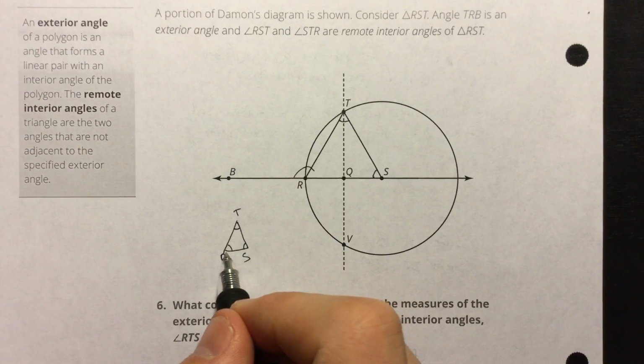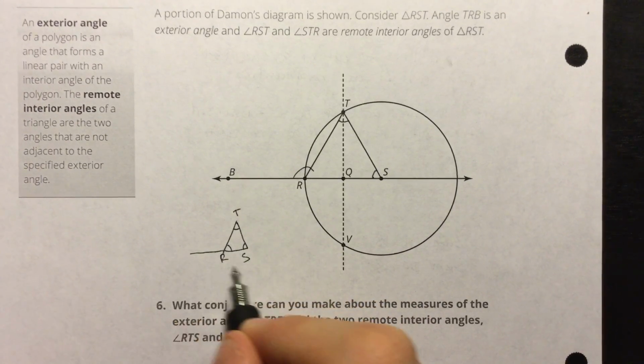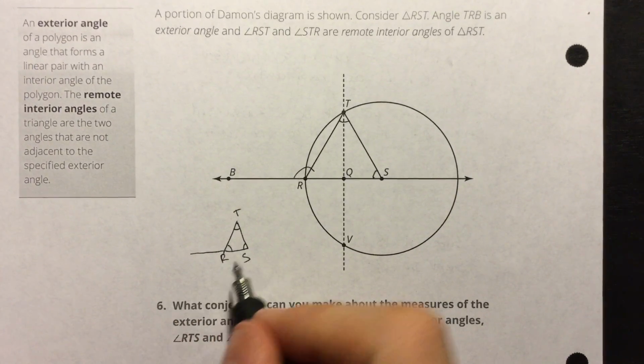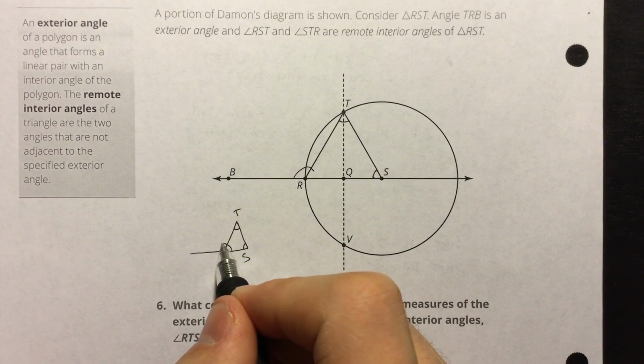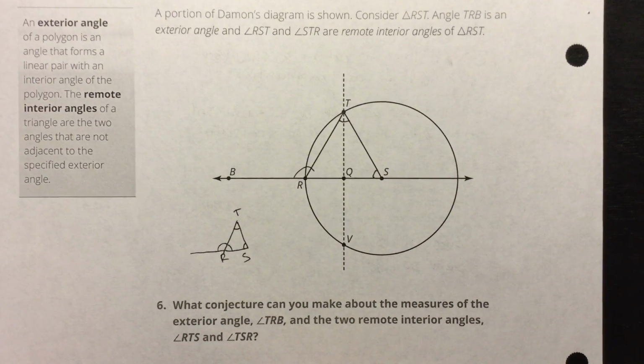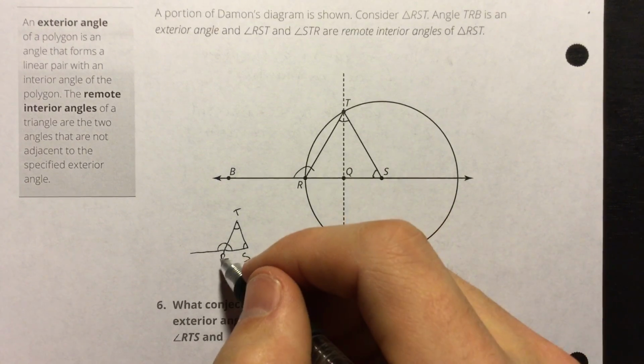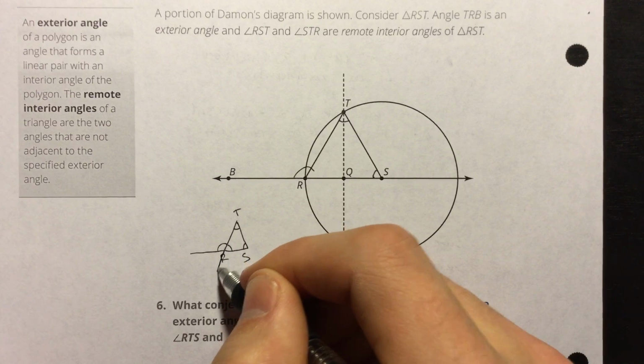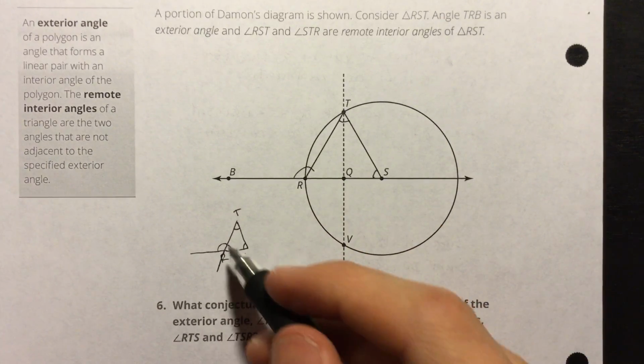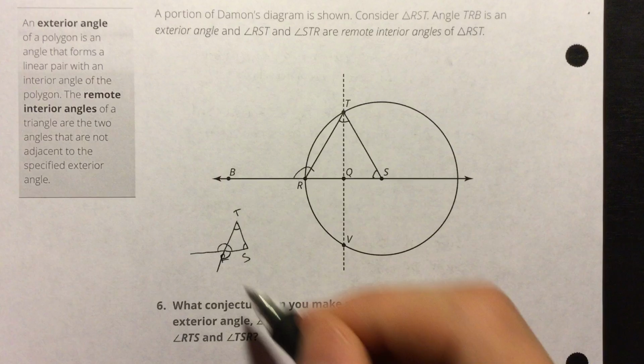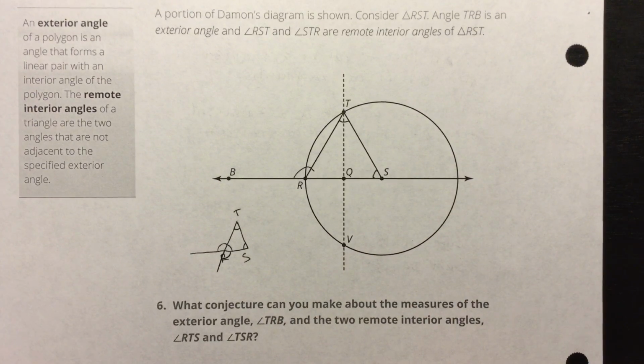If I extend one line of my triangle, so I extend RS, then this creates an exterior angle. If I were to extend RT, then this would be an exterior angle, right?